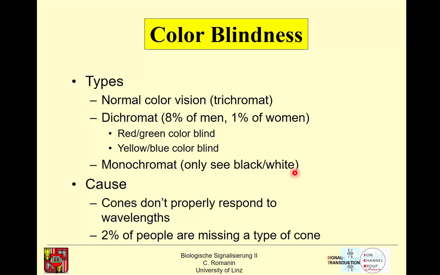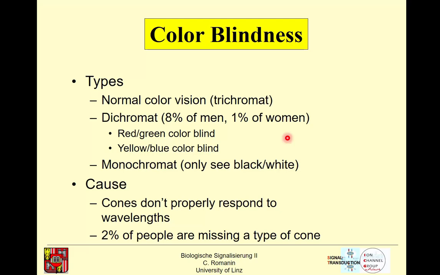So the cause is that the people are actually missing some of these cones, and people usually realize it quite late, because when you are red-green blind, you will usually not experience it so easily.